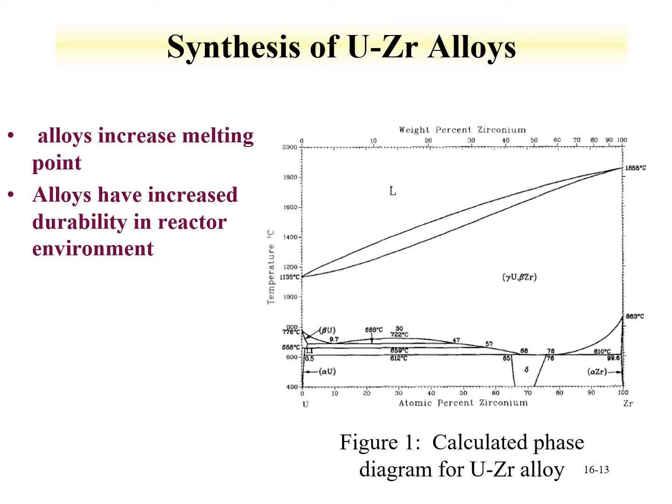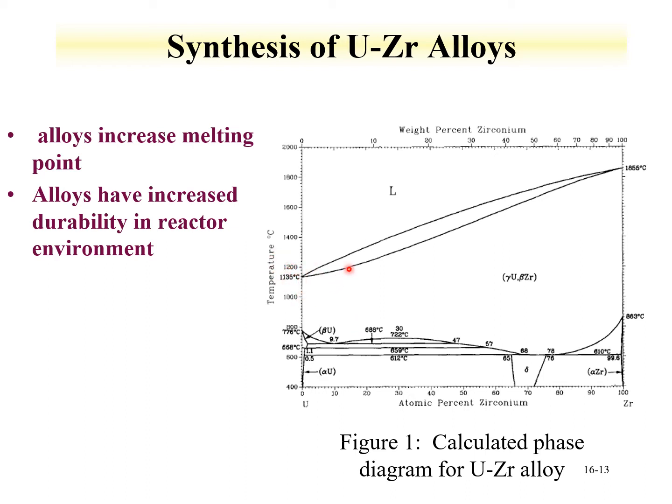These fast reactors with metal coolant often use metals as fuels. An example of a metal fuel can be a uranium zirconium alloy. One reason why you'd want to alloy the material, if one looks at the phase diagram, is that uranium has a relatively low melting point.